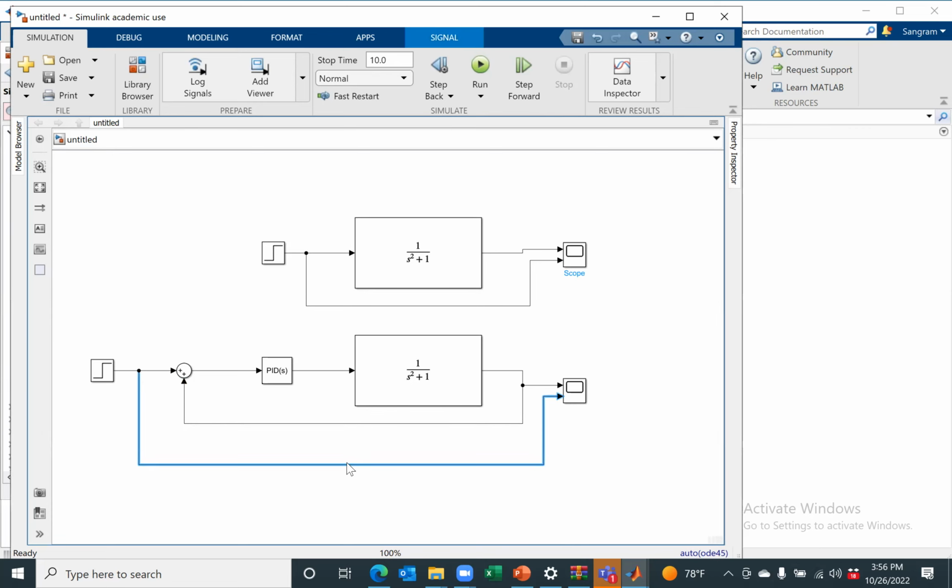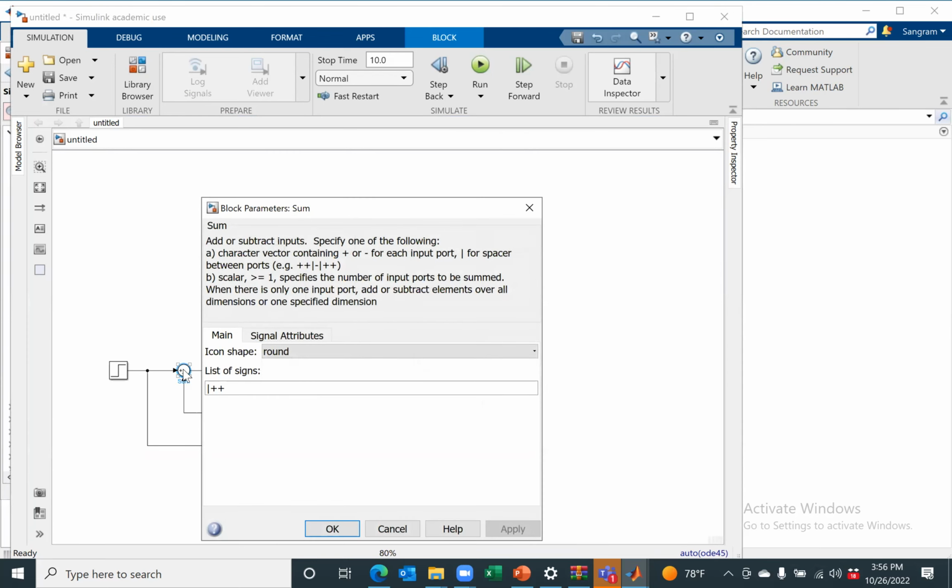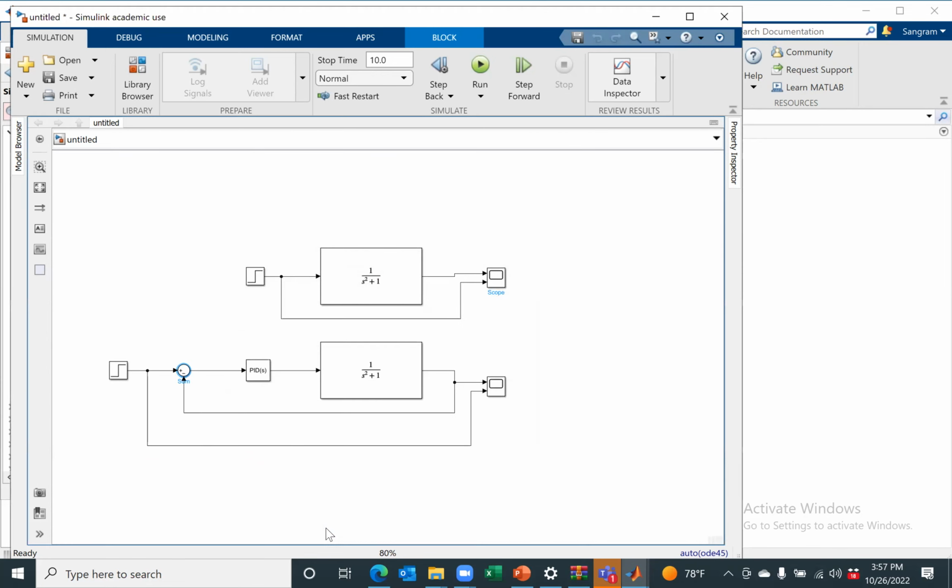And on this summing junction, I want you to note that right now, this is adding the feedback to the input. Adding feedback to the input is positive feedback, which is dangerous. So we need to convert this feedback into a negative feedback, which is plus and minus. So make it plus and minus, click OK.